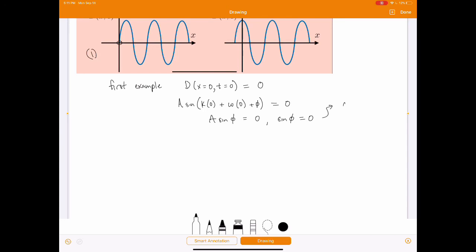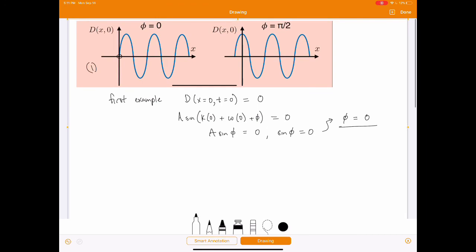Well, what angle do you take the sine of and it gives you 0? Well, 0 would be the answer to that. So that's why we say phi is equal to 0 in this first case. In other words, it's just a regular sine curve. It's not shifted either way along the axis.